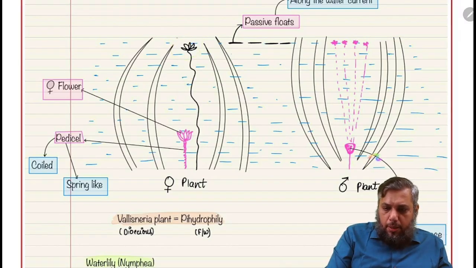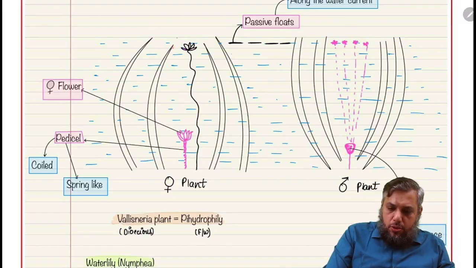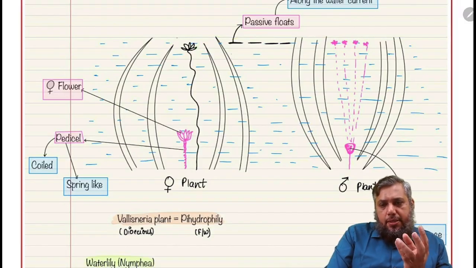Nearby, we have male plants with the male inflorescence. At maturity, it releases the male flowers which float at the surface of the water. Because of surface tension, there's a concave meniscus around the female flower. One of the floating male flowers will fall in that meniscus. Anther will dehisce.